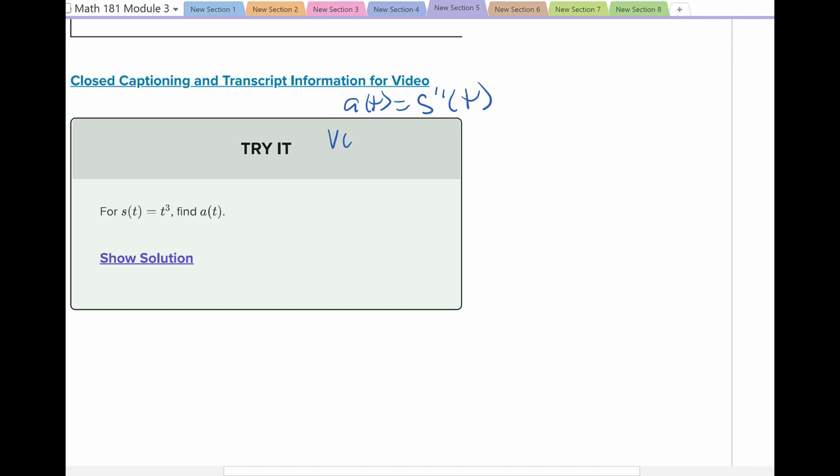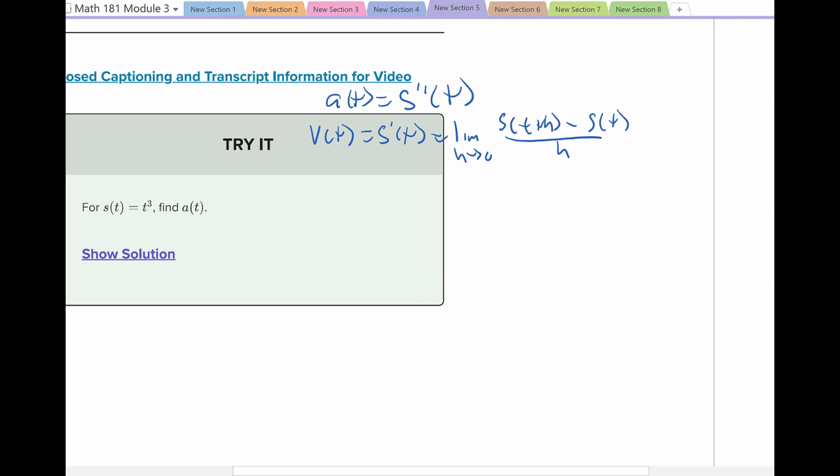So our velocity, if you recall, is going to be the first derivative. And that's going to be the limit as h goes to 0 of s of t plus h minus s of t all over h.